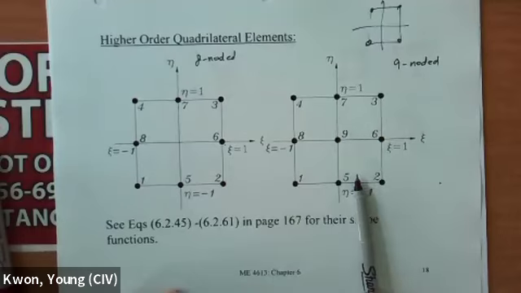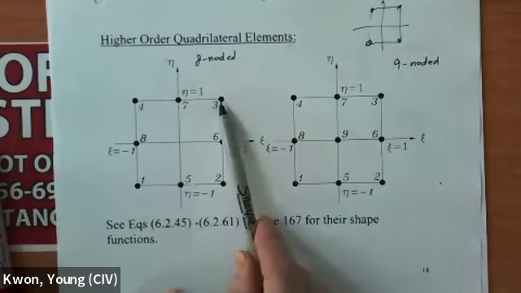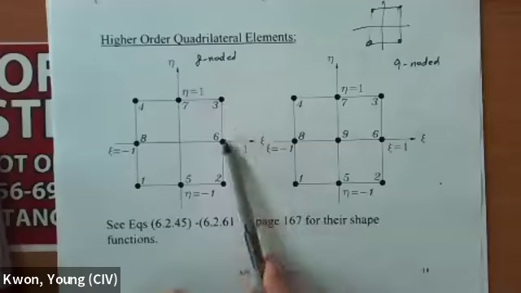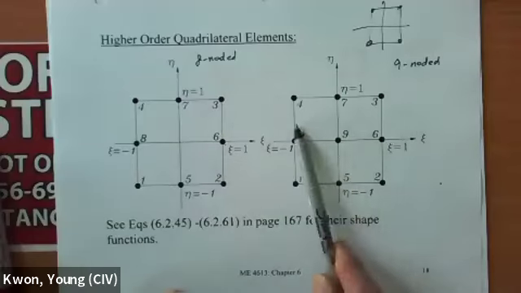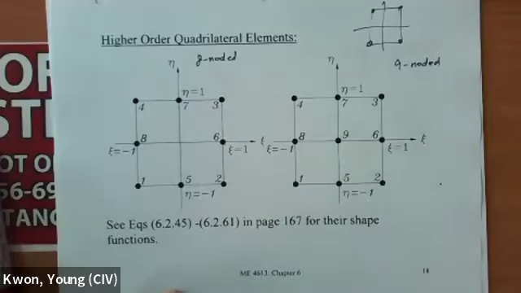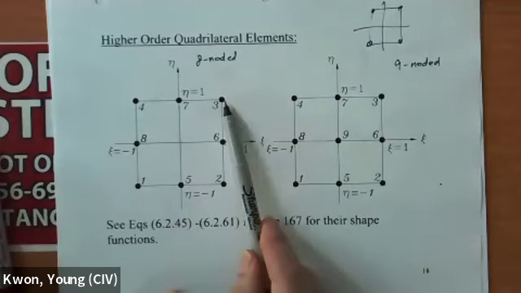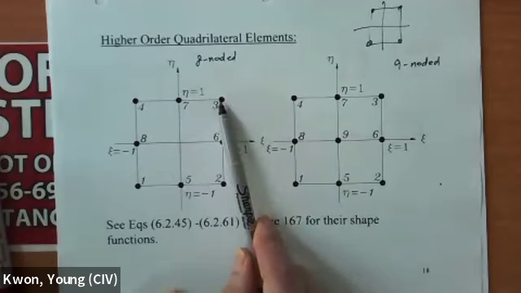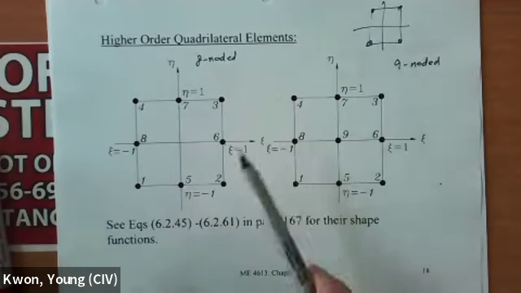First of all, if you look at the boundary of the element, the boundary always has 3 nodes, right? 3 nodes along the boundary. So the solution along the boundary is represented by a quadratic polynomial. Same thing in here, quadratic.